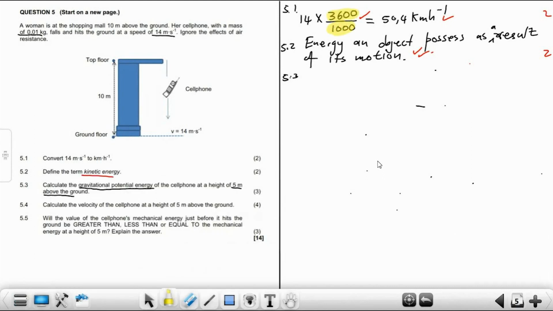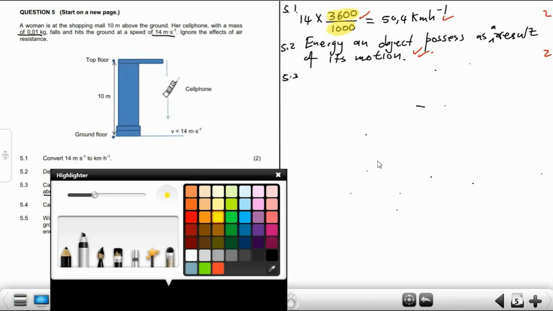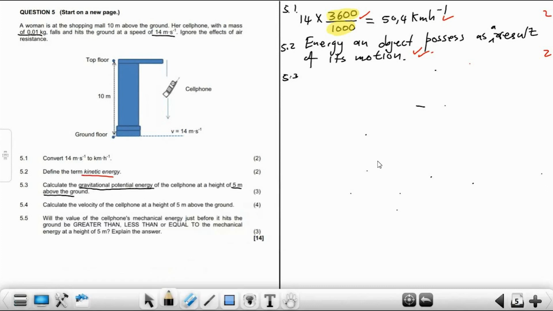So that is the reason why we have this 3600 divided by 1000. But there's a trick that most people use. They basically say 14 multiplied by 3,6. So when moving from meters per second to kilometers per hour, you multiply by 3,6.